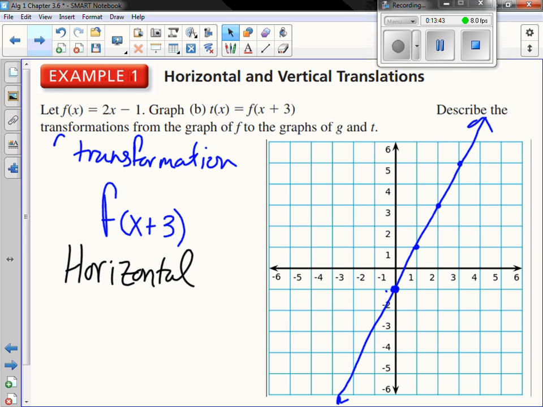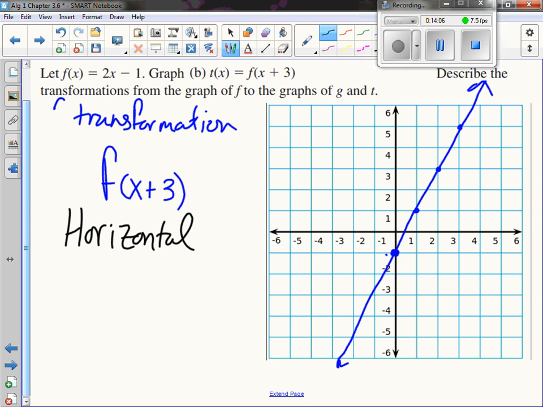Now, if h is positive, if the number inside the parentheses is positive, it's moving to the left. If the number inside is negative, it's moving to the right. What is our value of h? 3, and it's moving which direction? Left. So for this here, f of x plus 3 would be a horizontal translation of 3 units to the left. And that's all it's asking for.